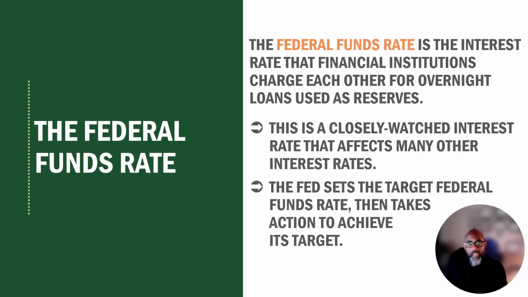By targeting a range for the federal funds rate, the Fed influences broader interest rates across the economy, which in turn affect inflation, investment, and employment. For example, in March 2022, the FOMC set the target range for the federal funds rate from 0.25% to 0.5%, using the various tools at its disposal to steer the actual rate onto that range.